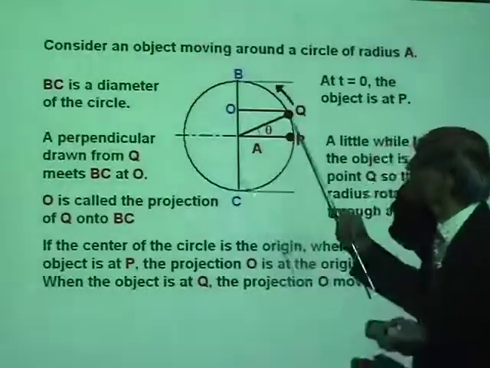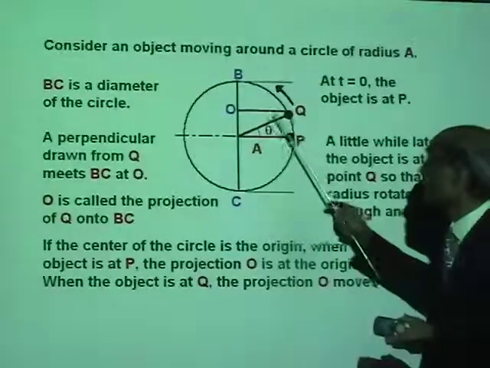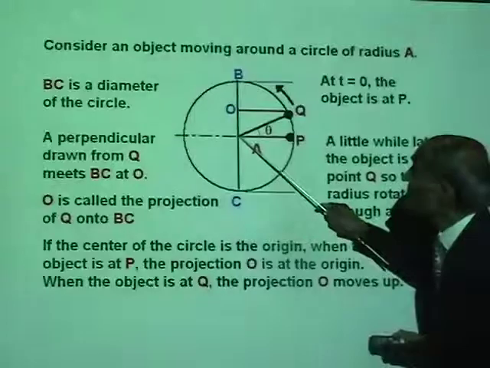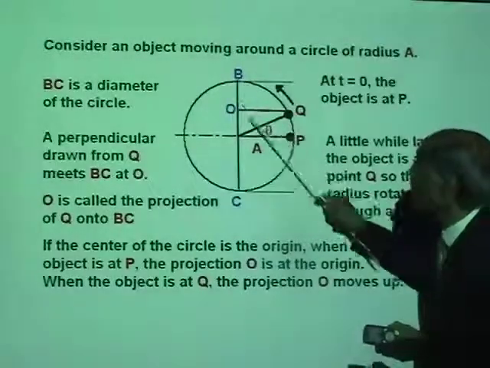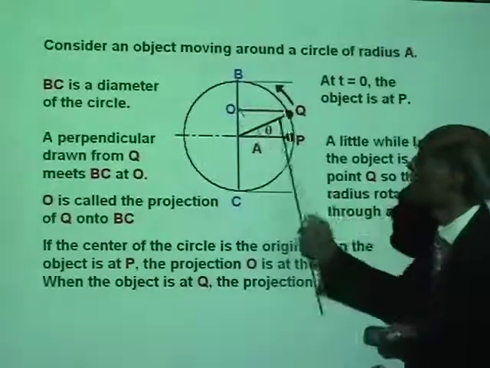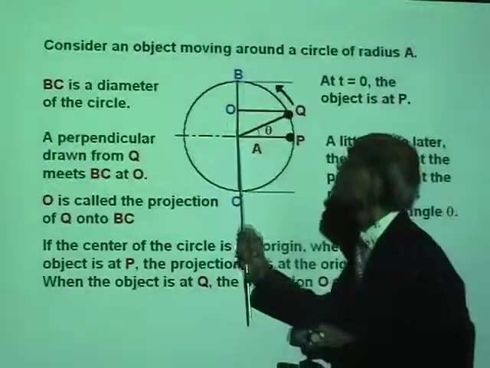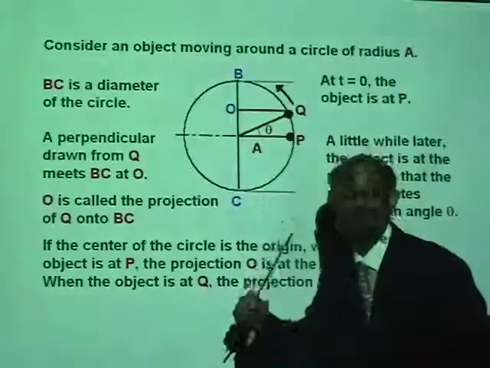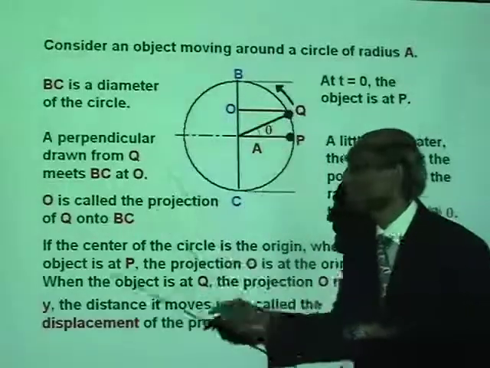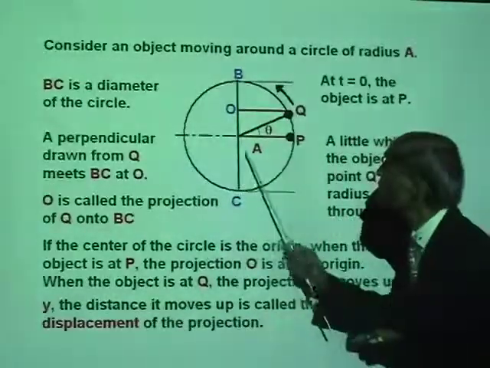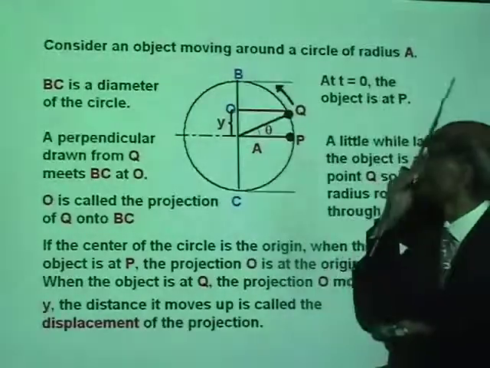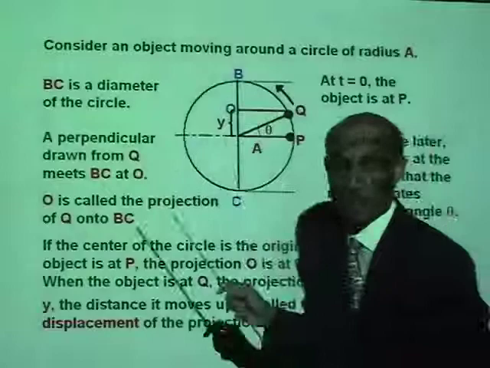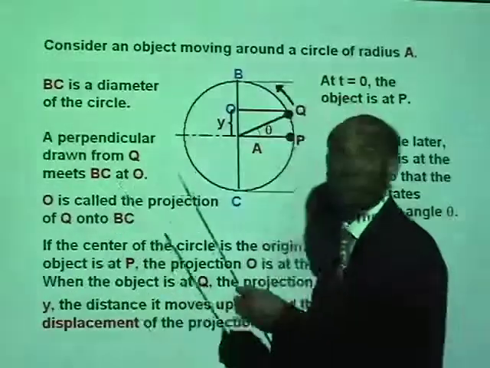So, when the object is at P, its projection is at the origin. When the object is at Q, the projection has moved from the origin to that position O. It has moved up. And the distance it moves up is called the displacement of the projection. Shall I say that again?